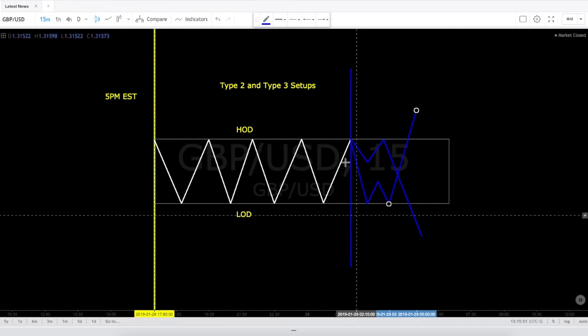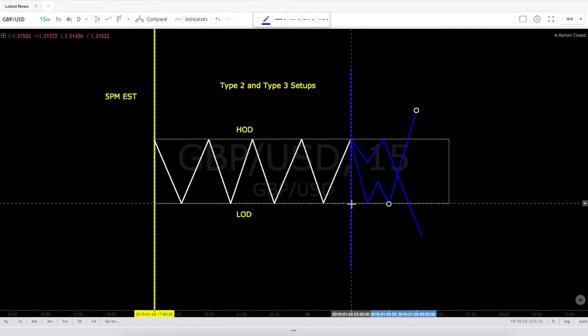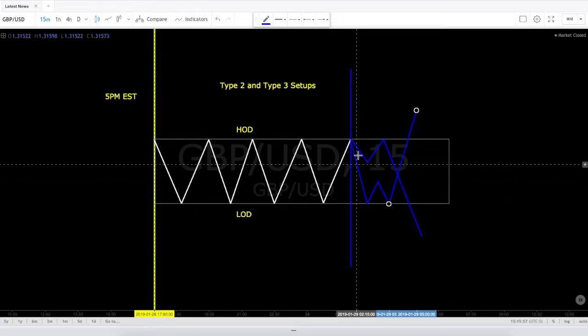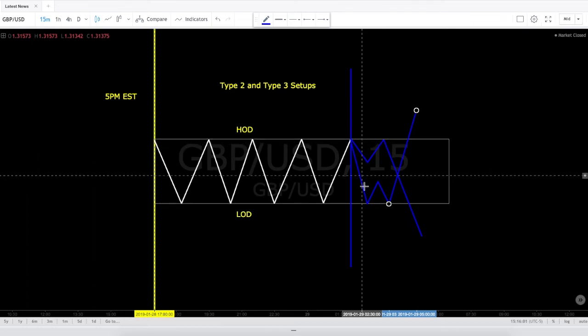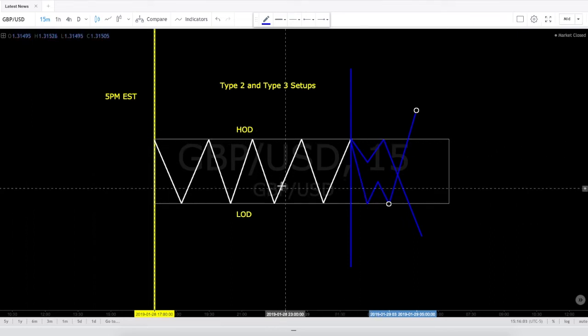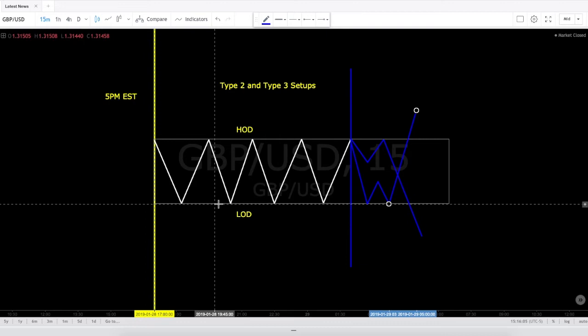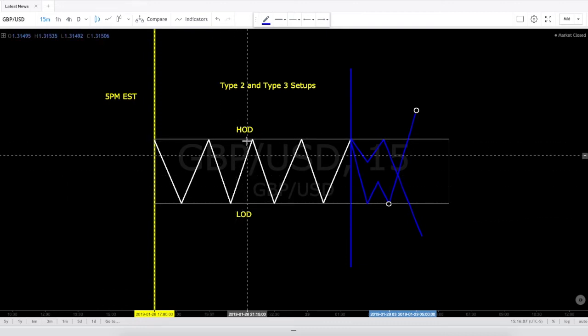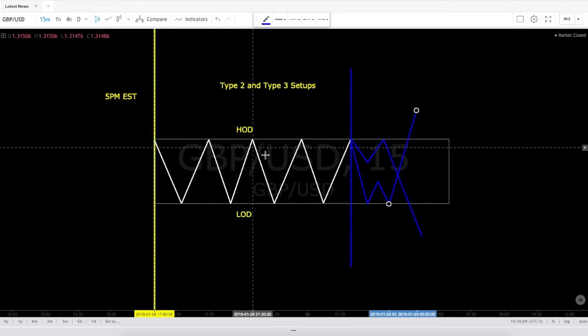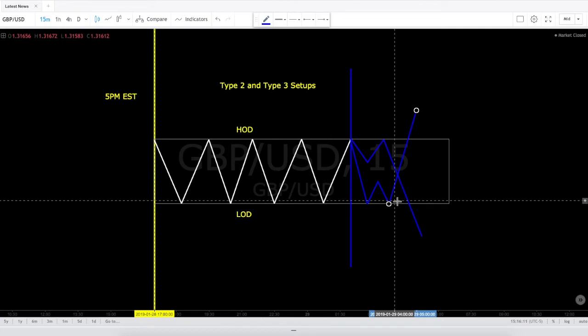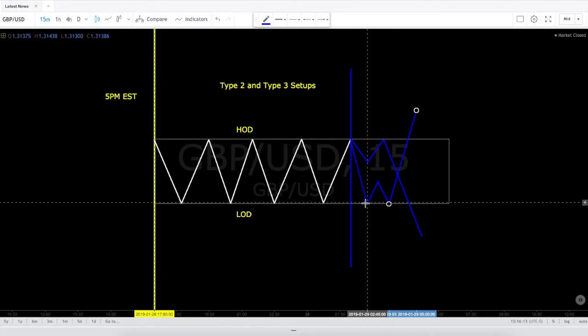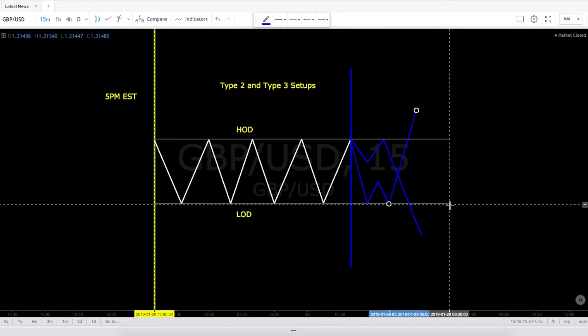So the trading zone itself, basically, you need to understand about the trading zone with a type 2 setup is not really how high or low it is, because it's just determined off of the initial high and low that's set during the Asian session. The important thing to remember about the trading zone for a type 2 setup is how long it actually lasts.